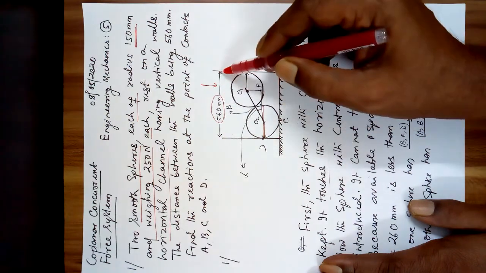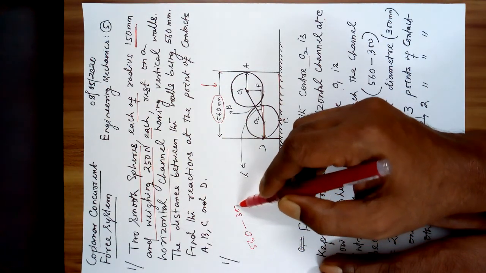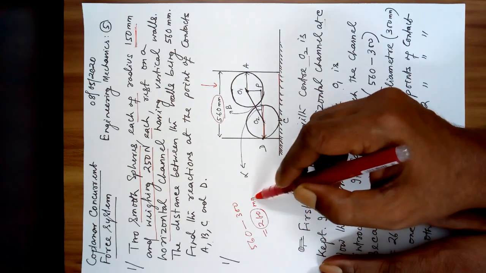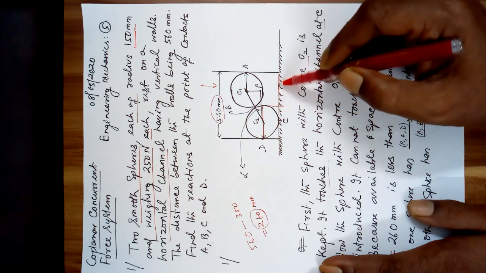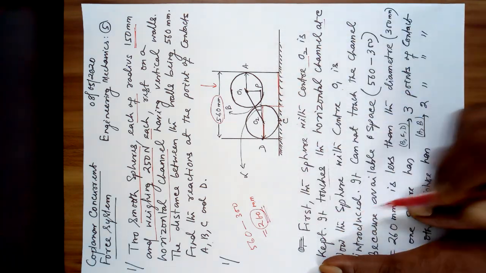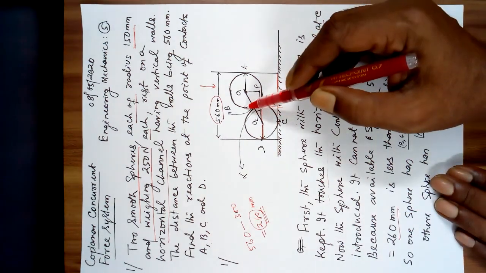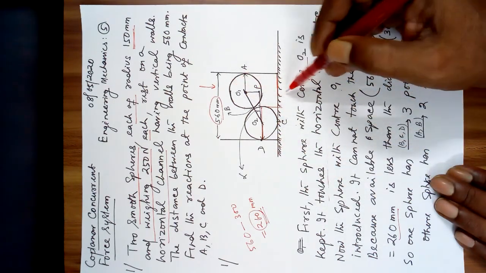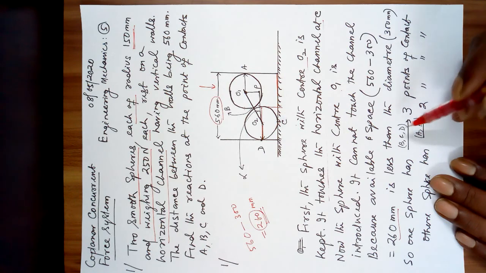So out of 560, 300 mm is covered, and I am left with 260 mm. So the space from here to here is 260 mm, and the diameter of this sphere is 300 mm. So it will not fit because 300 is more than 260 mm.